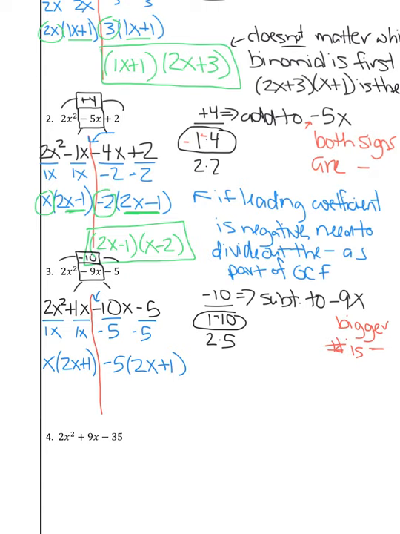So that means we have 2x plus 1 and 2x plus 1. If we did not take a -5 out, this would not be 2x plus 1, right? That's what becomes important. So I have 2x plus 1 is my one binomial. X minus 5 is my second binomial.